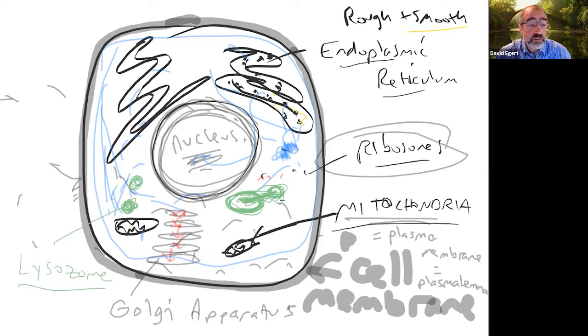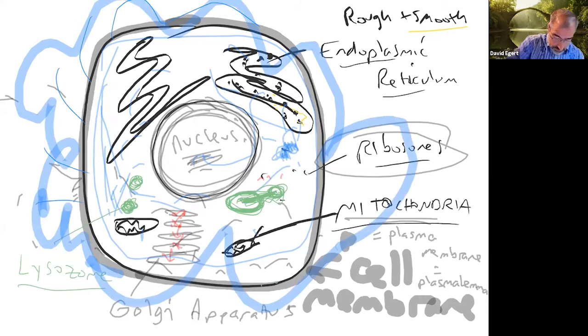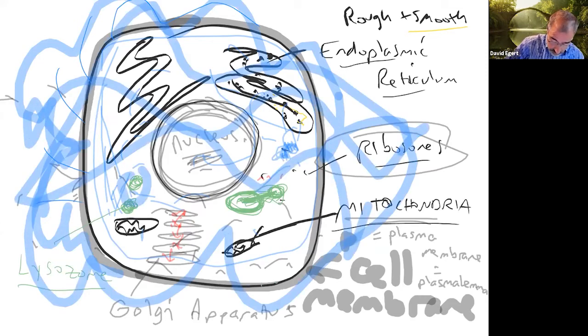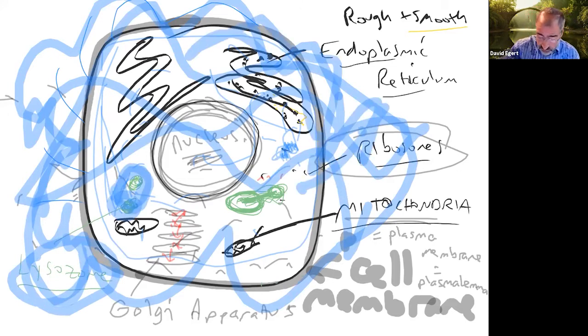It's part of the reason you don't ever want cells to just die and spill out their guts, because that's going to cause a lot of damage to all the surrounding cells. If this cell just died and broke apart and spewed out into the surrounding area, all of the digestive enzymes in these lysosomes would also be spewing out, and all of a sudden we'd be damaging everything around.